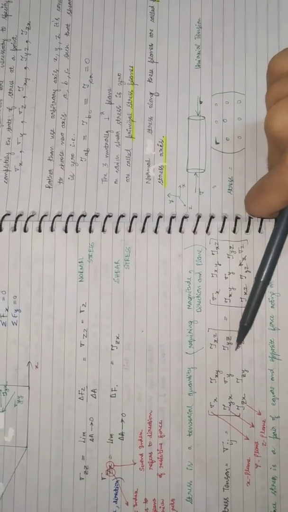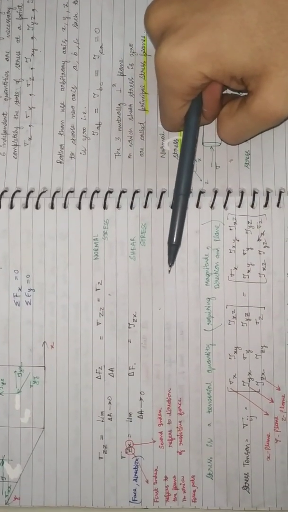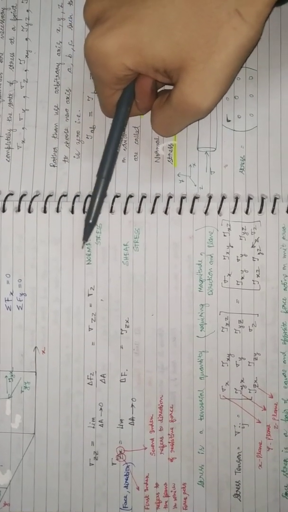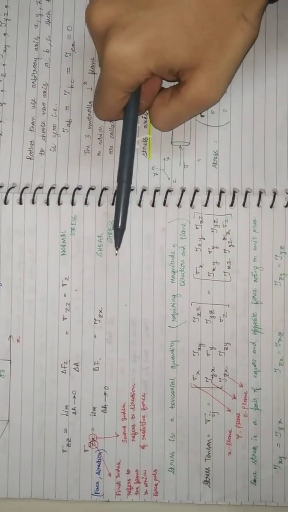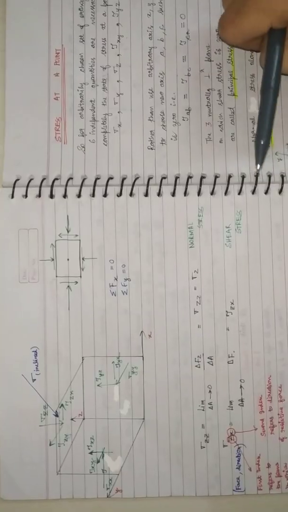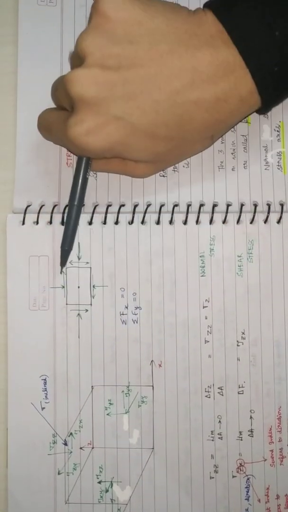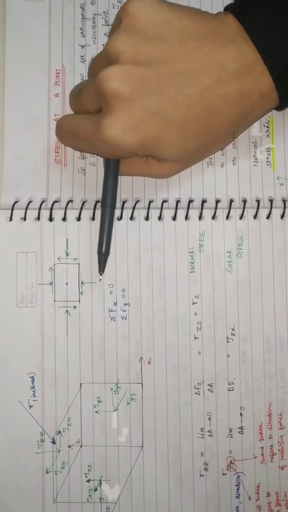The thing is, in order for the body to be in rotational equilibrium, and in order for the body to be in translational equilibrium, the force in this direction on the body must be equal to the force in this direction, right?